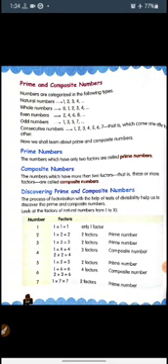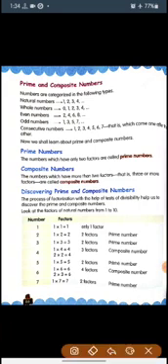Now we shall learn about prime and composite numbers. What are prime numbers? The numbers which have only two factors are called prime numbers. That is, the numbers which are divisible by 1 and itself are called prime numbers.